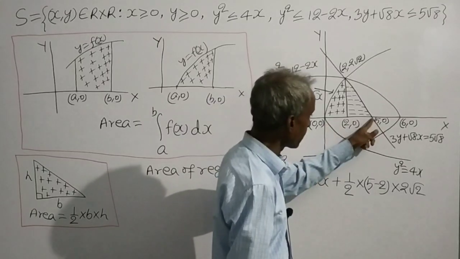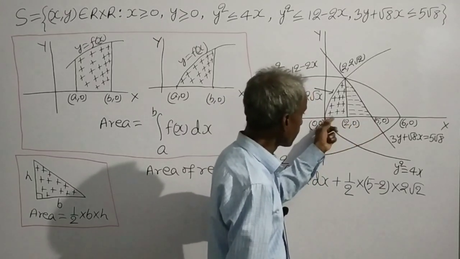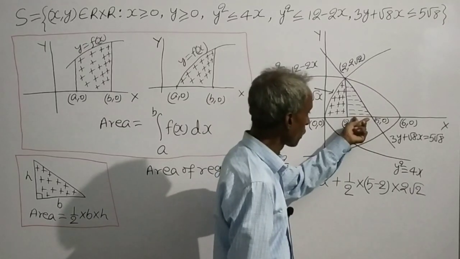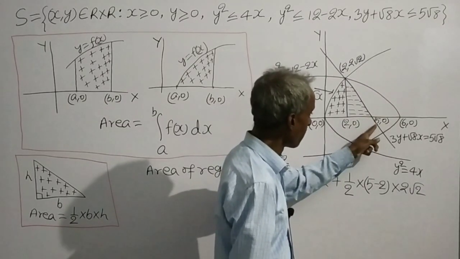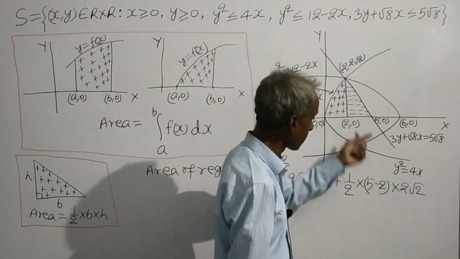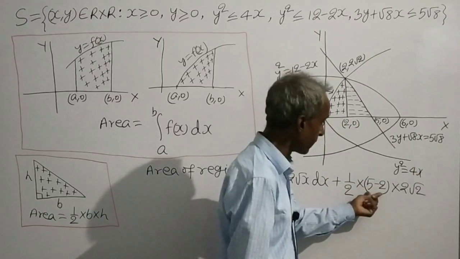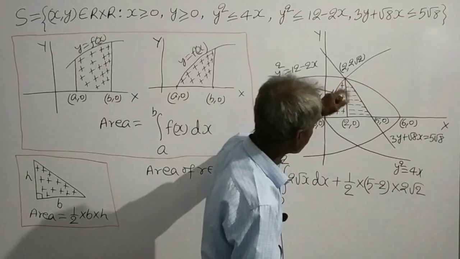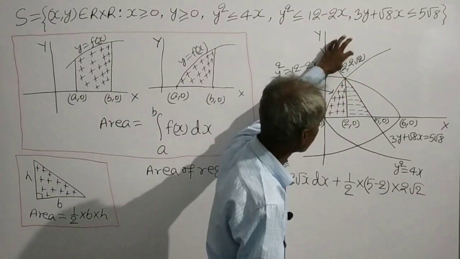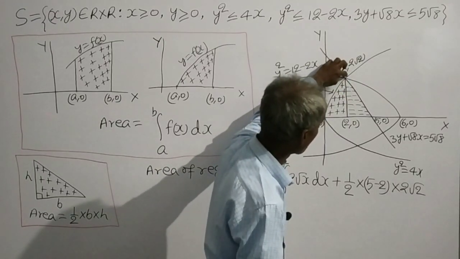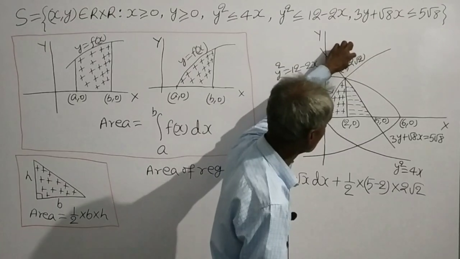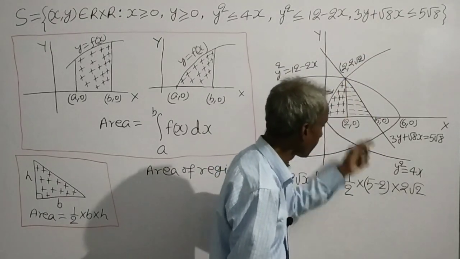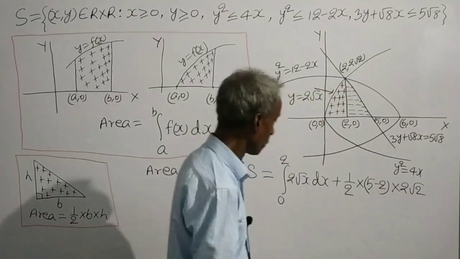This distance is 5 units and this distance is 2 units. Therefore, this distance will be 5 minus 2, that means 3 units. And this height is equal to the y-coordinate of this point. The y-coordinate of this point is 2 root 2. Therefore, the height of this triangle is 2 root 2.